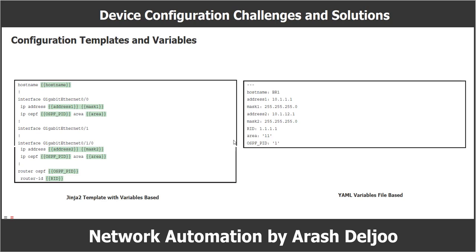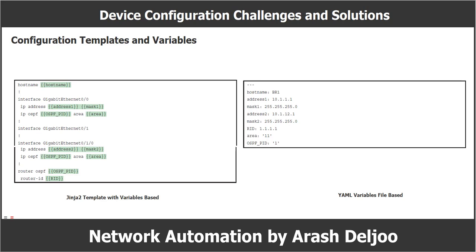The template mimics the configuration in the previous example, except for placing variable names inside sets of double curly brackets. As you can see, hostname, then double curly brackets, hostname. Interface GigabitEthernet 0/0, IP address, again double curly brackets address, and double curly brackets mask, and so on. Now we have a Jinja2 template with variables.